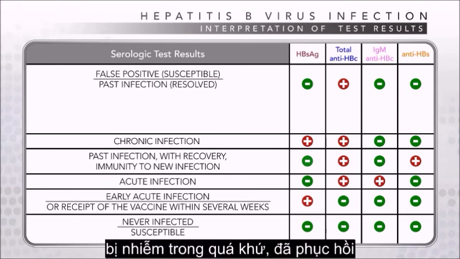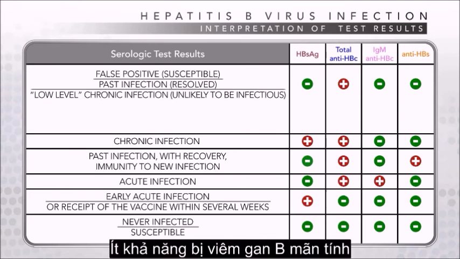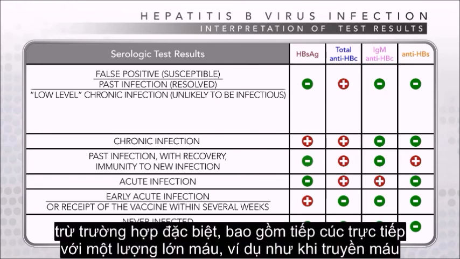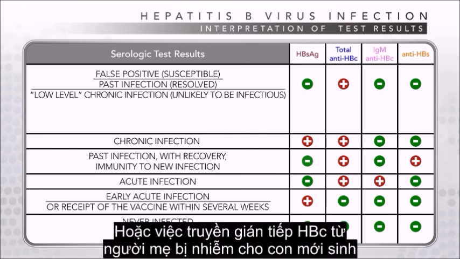Past infection, resolved. Low-level chronic infection, and unlikely to be infectious, except under unusual circumstances involving direct percutaneous exposure to large quantities of blood, such as blood transfusion, or passive transfer of anti-HBc to an infant from an infected mother.